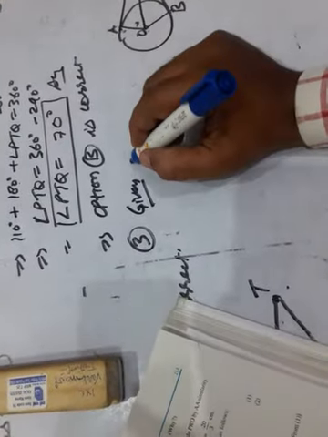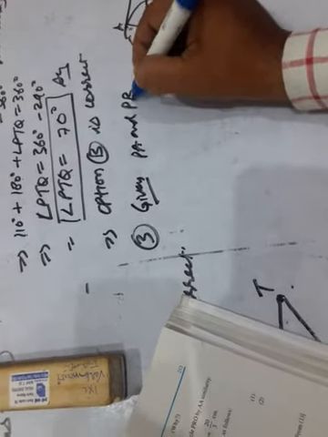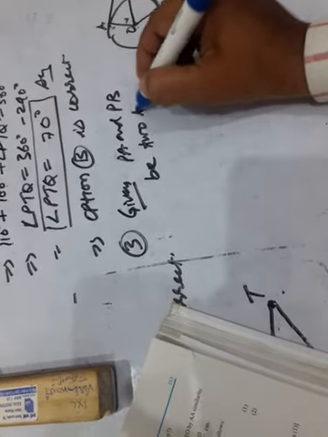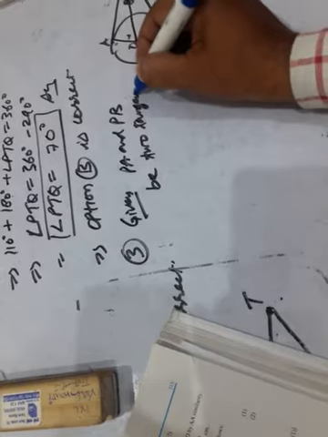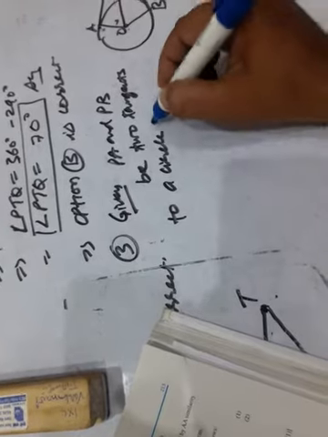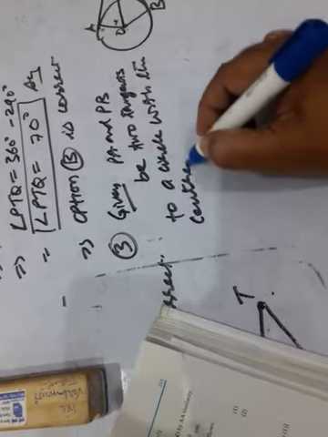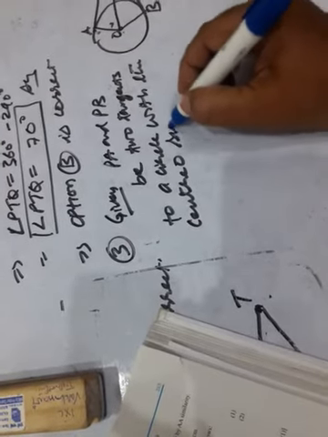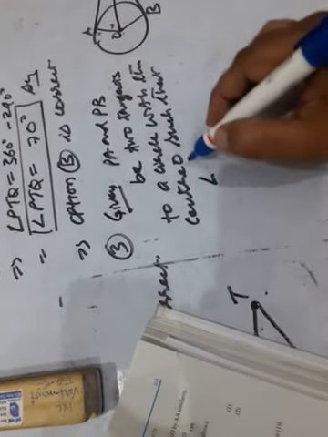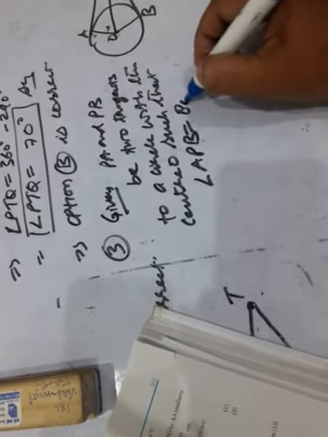PA and PB be two tangents to a circle with center O such that angle APB equal to 80 degree.